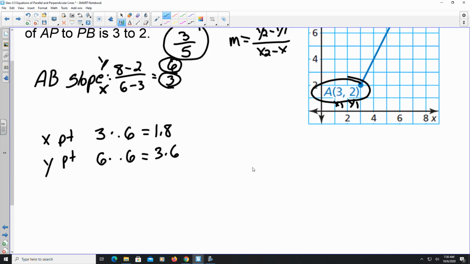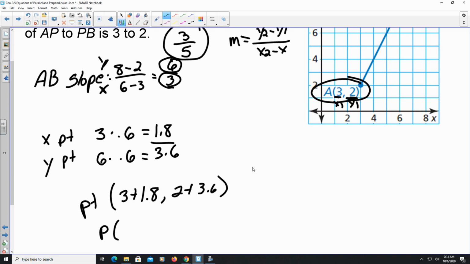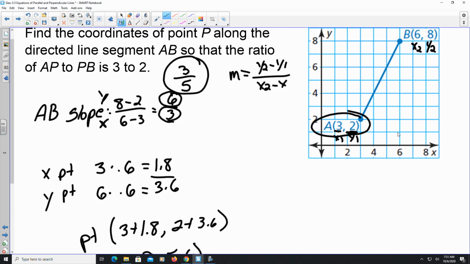To find point P, since A was 3 comma 2, it's going to be 3 plus 1.8 comma 2 plus 3.6. So my point P is going to be located at 4.8 comma 5.6. And that is point P with the ratio of 3 to 2.